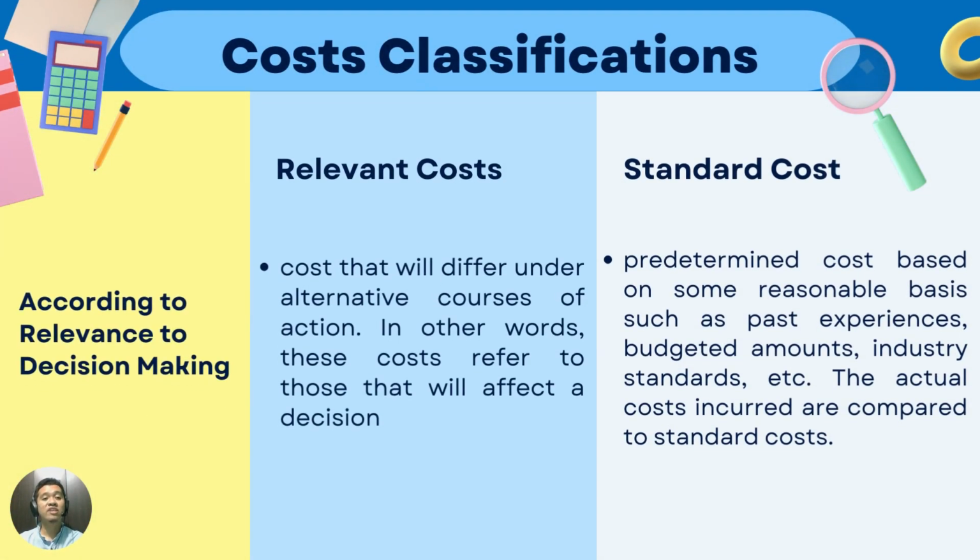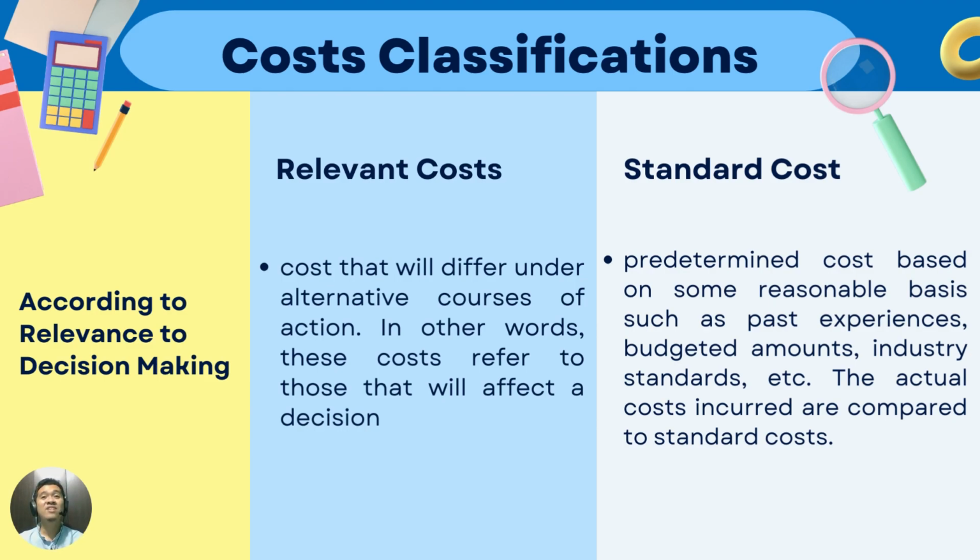We also categorize costs according to relevance to decision making. So we have the relevant cost and the standard cost. Relevant costs are the costs that will differ under alternative courses of action. In other words, these costs refer to those that will affect a decision.